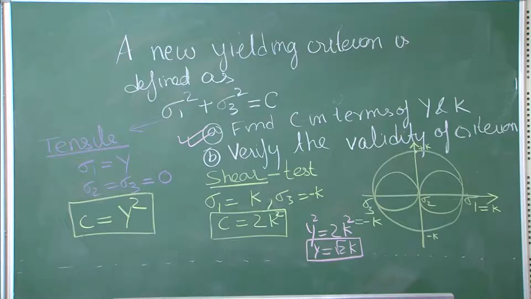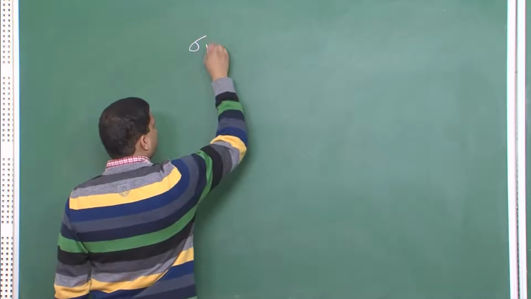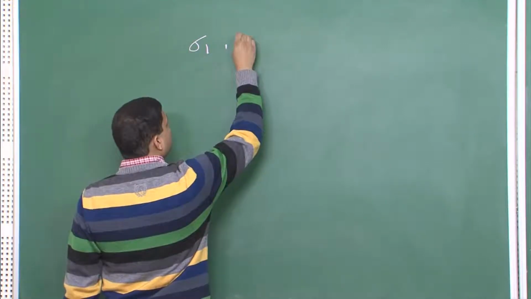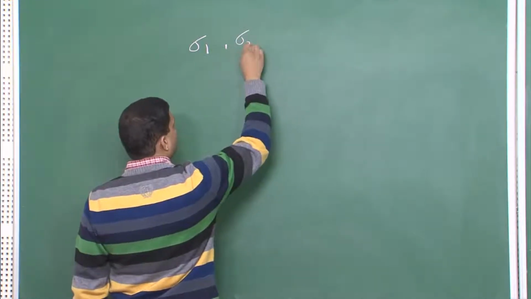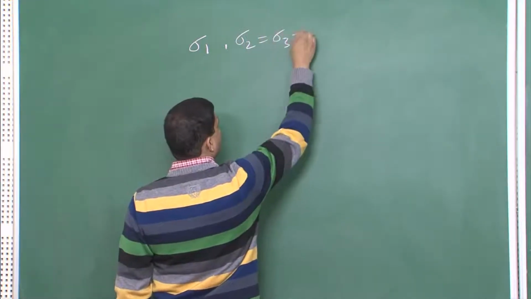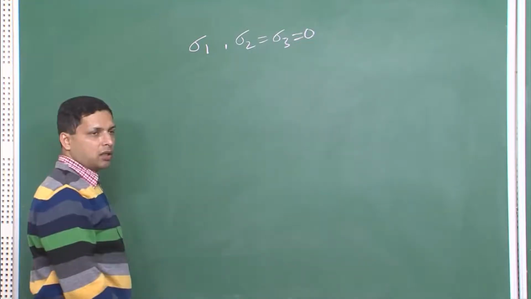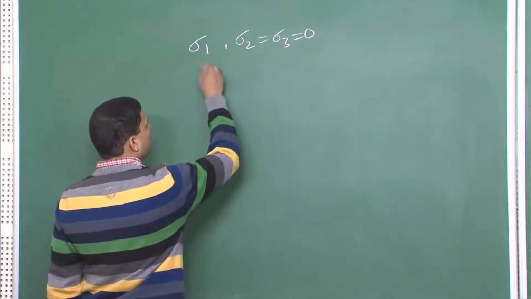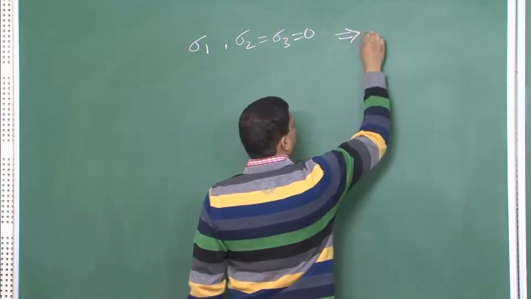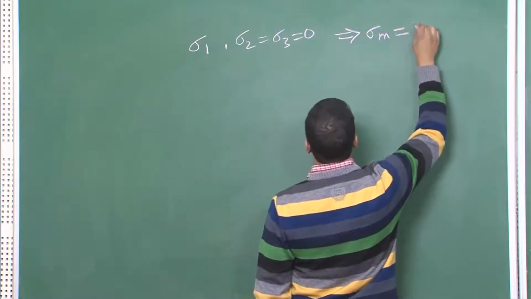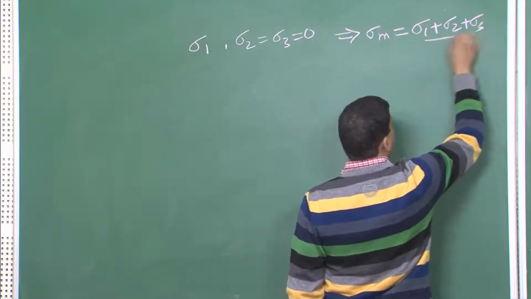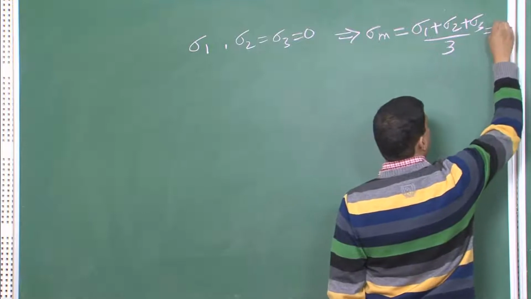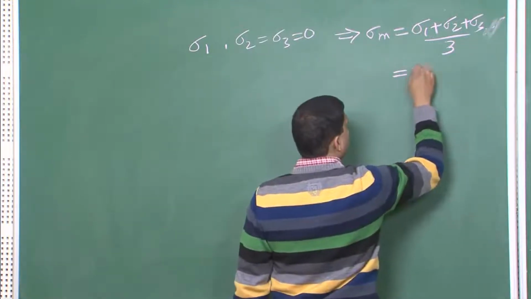So, let us take some sigma 1 in a condition where sigma 2 and sigma 3 are just 0 to begin with. Here the mean stress would be equal to sigma 1 by 3.